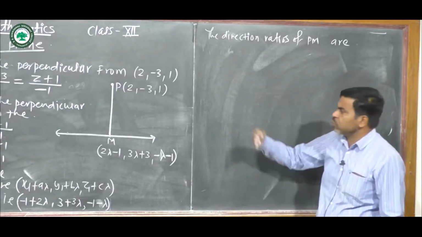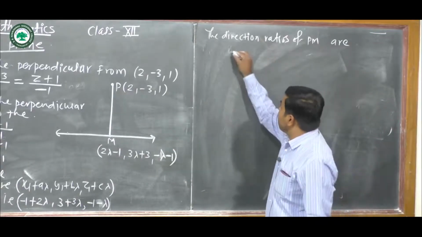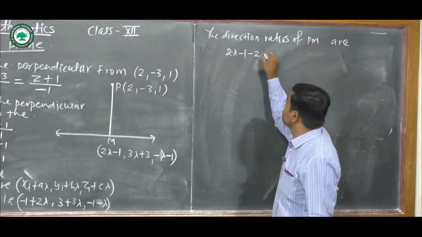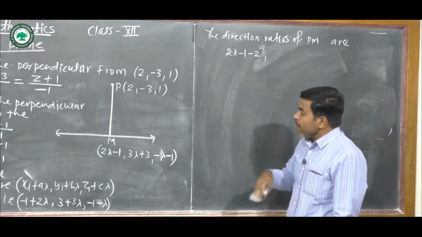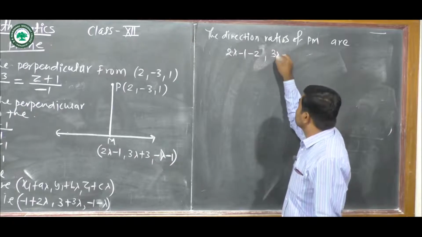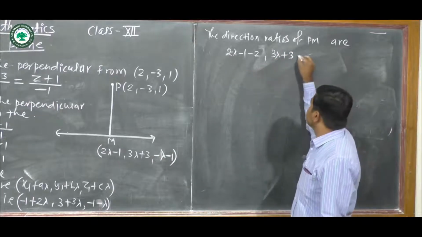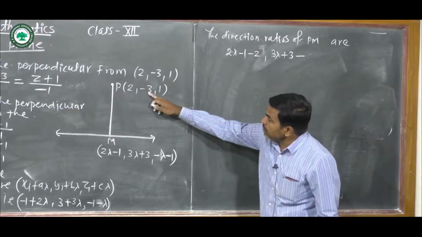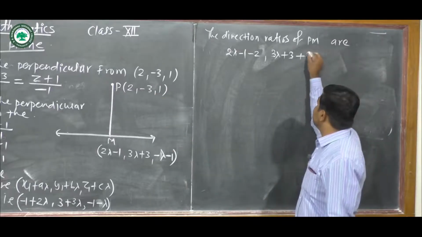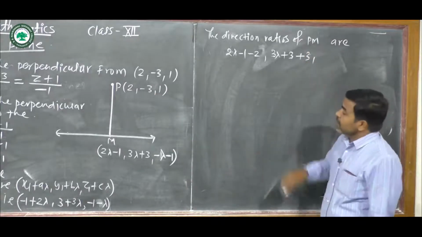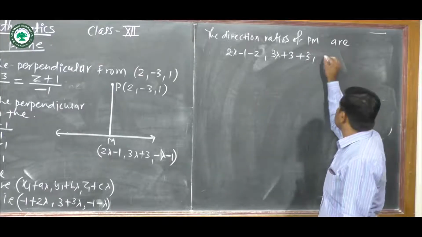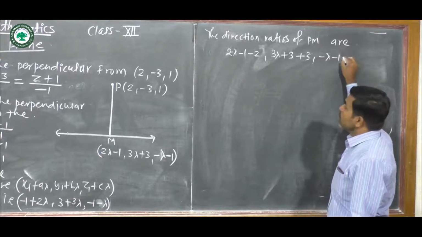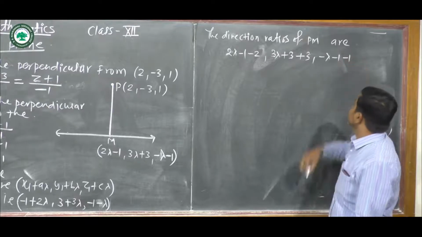So direction ratios are x2 minus x1, that is 2 lambda minus 1 minus (minus 2), comma y2 minus y1, 3 lambda plus 3 minus, here y1 is minus 3, so minus of minus 3 plus 3, comma z2 minus z1, minus lambda minus 1 minus 1.